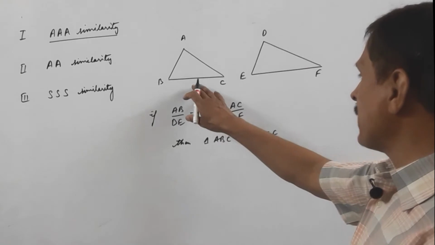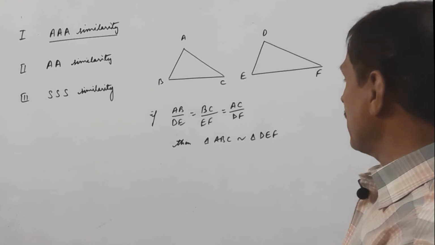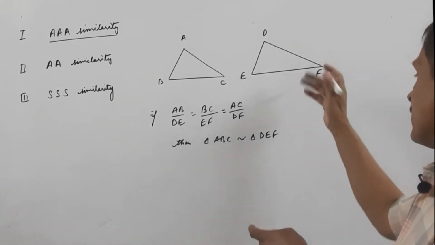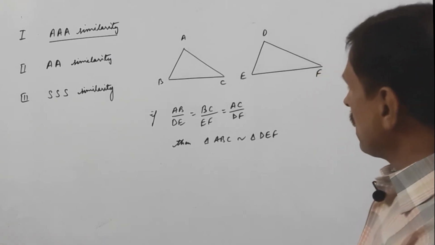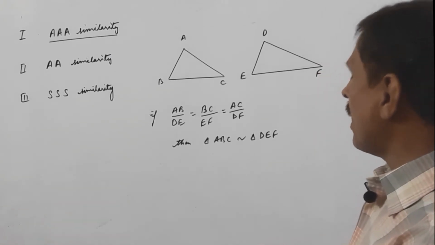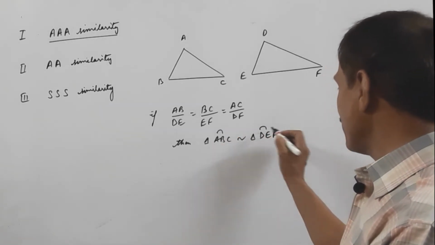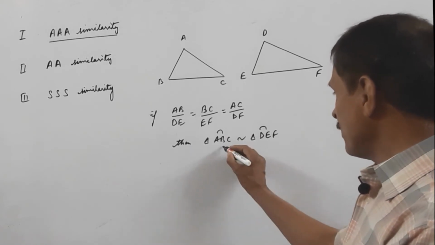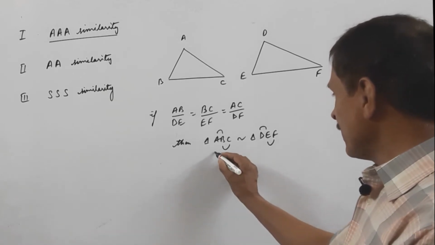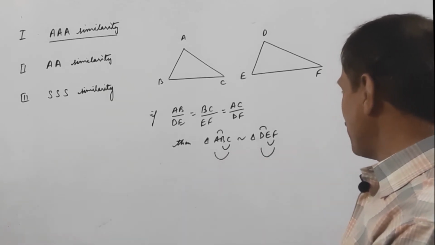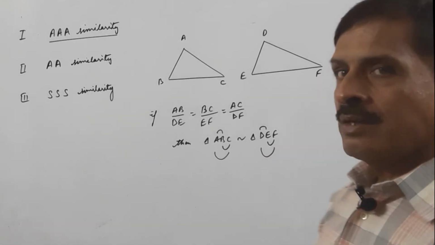If we name this triangle as triangle ABC, then the other triangle is named as triangle DEF, so that the corresponding sides are in the similar positions. So AB upon DE is equal to BC upon EF is equal to AC upon DF. So this care should be taken while naming the triangles.